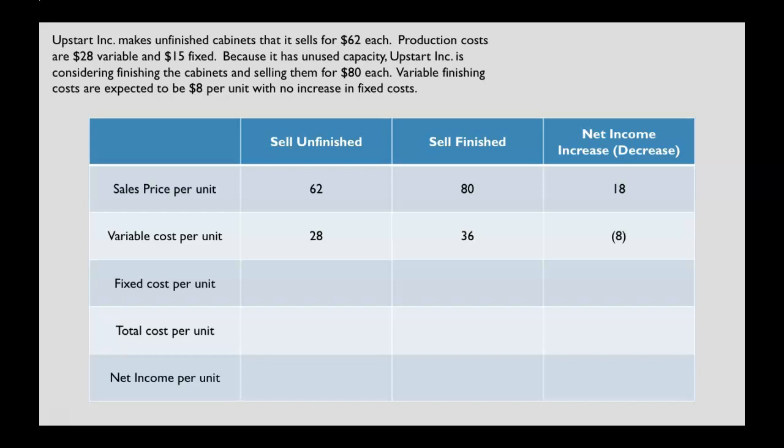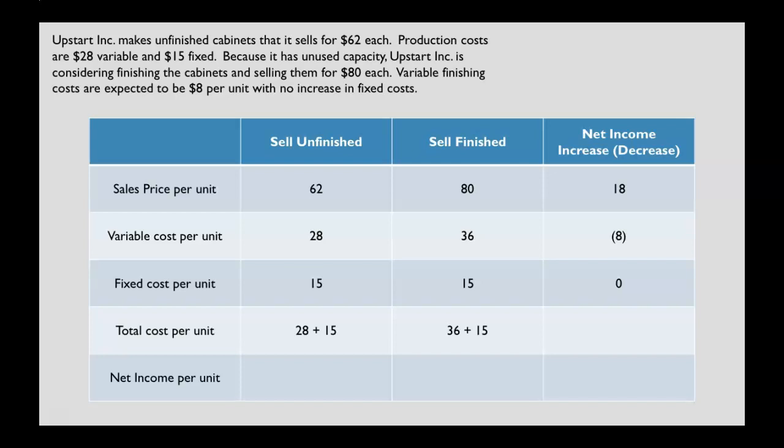Now fixed costs per unit. Well, that didn't change, right? Whether they're unfinished or finished, it was going to be $15 per unit. So now we can figure out the total cost per unit. So we'll take our variable and our fixed and add those together, right? So under the unfinished cabinets, that's 28 plus 15.